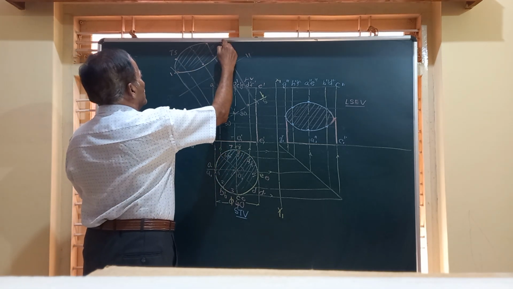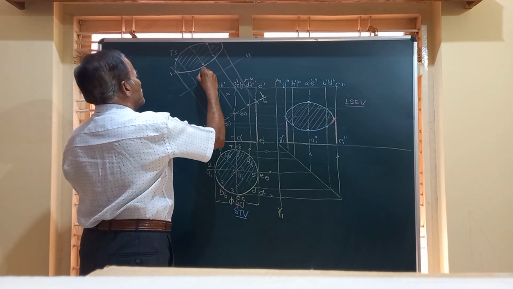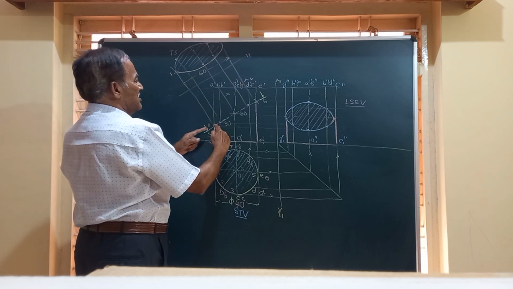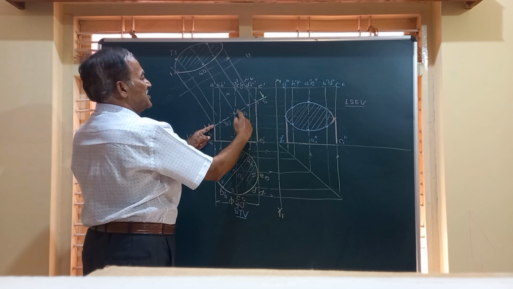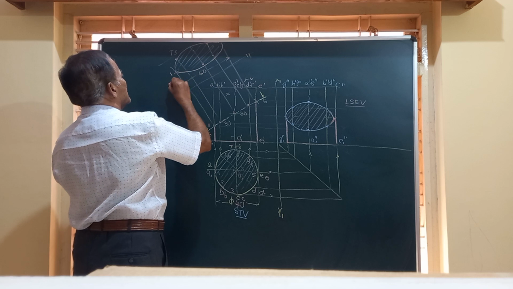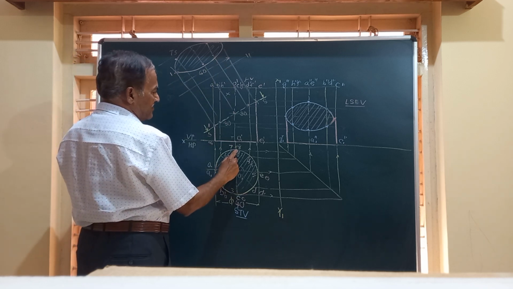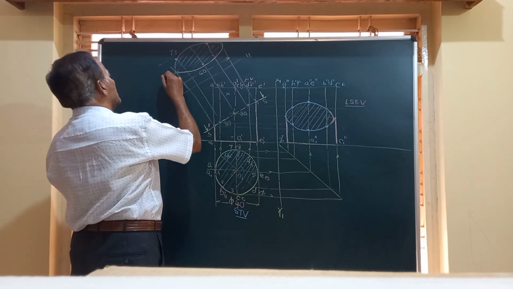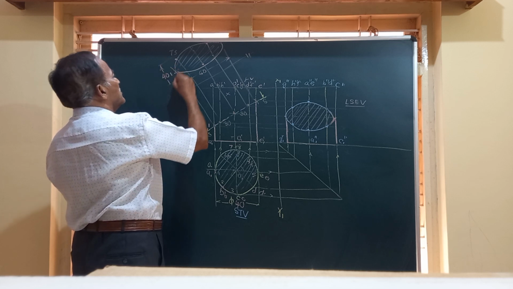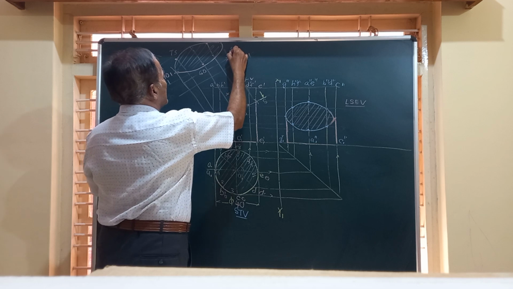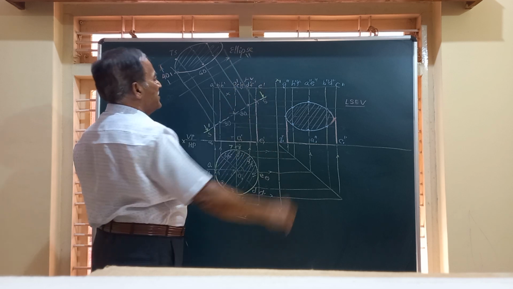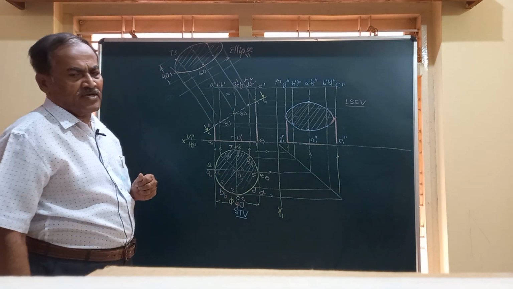Major dia is this one, and this distance is going to be 60 mm, very obviously, because this distance is this distance, which is 30 plus 30, 60. And here, friends, this distance is going to be the distance from G to C, that is 40 millimeter. So the true shape you have got is an ellipse that is specified in the problem. So we have completed the true shape of the object.